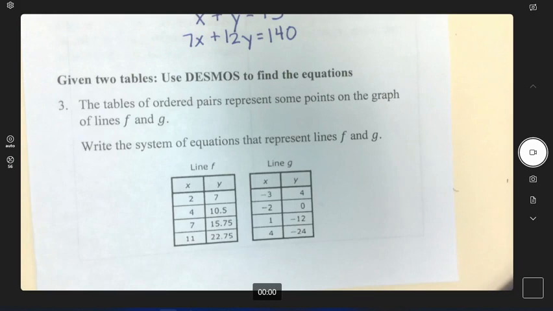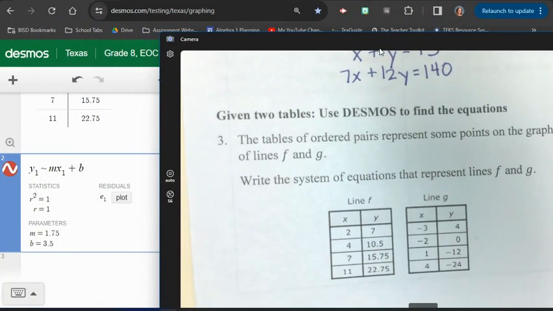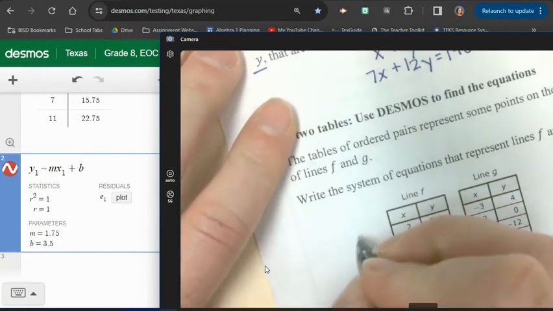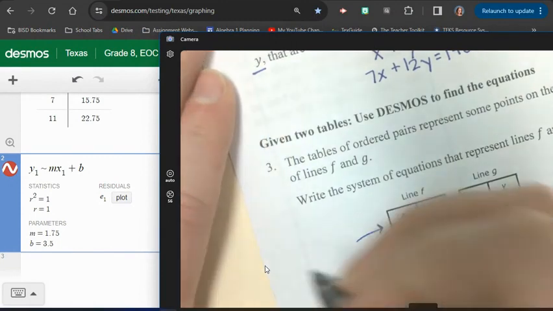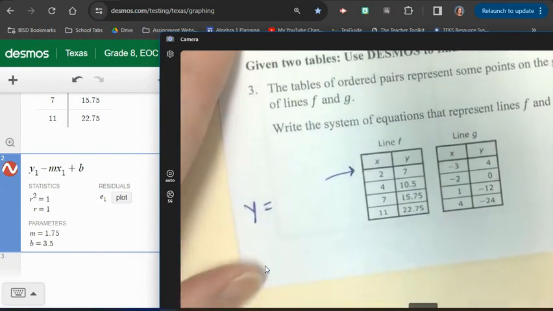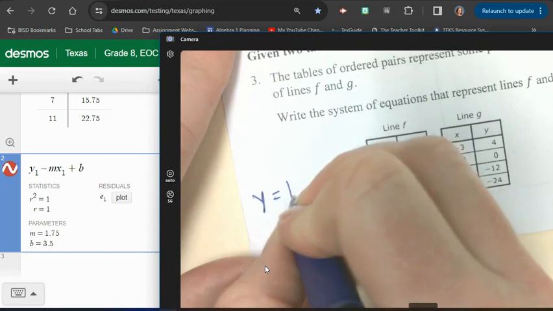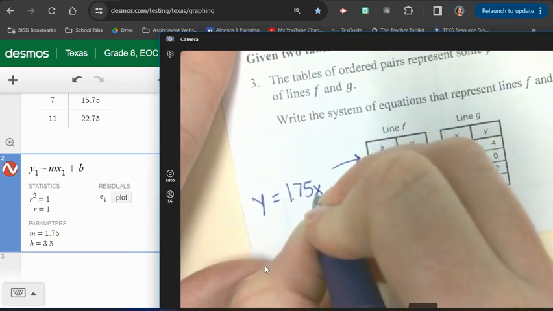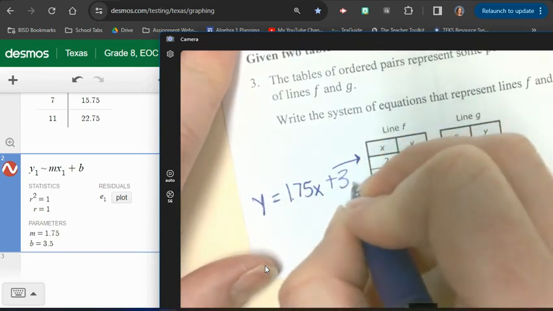Okay, so now we need to write our equation. So for this first one, line F, it's y equals 1.75x plus 3.5.